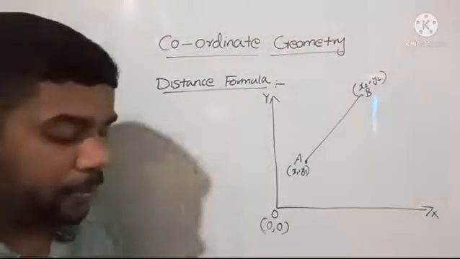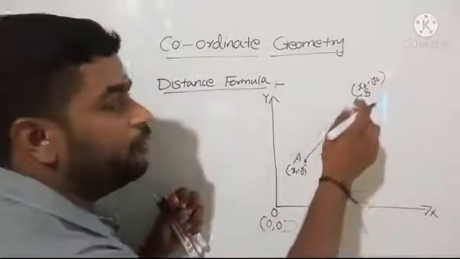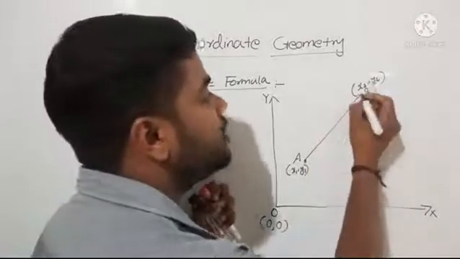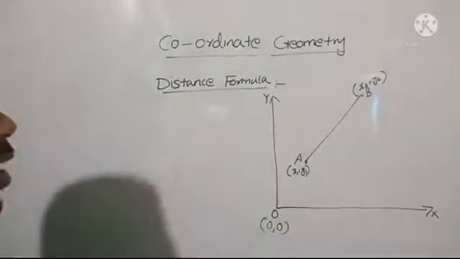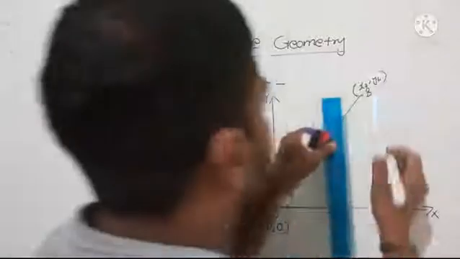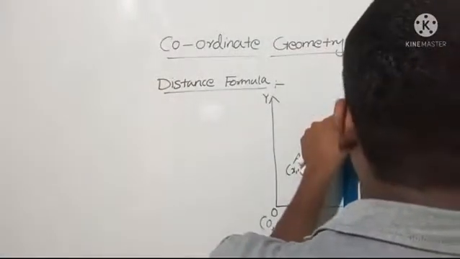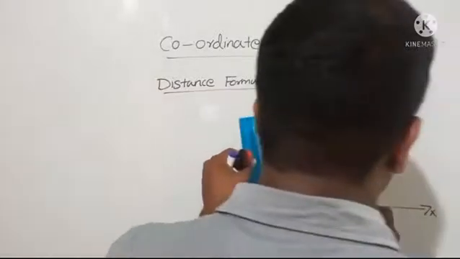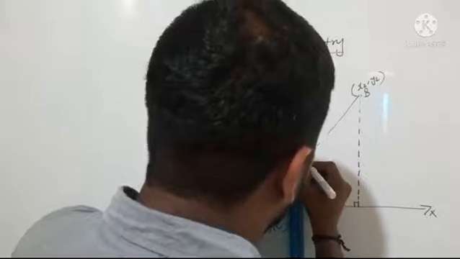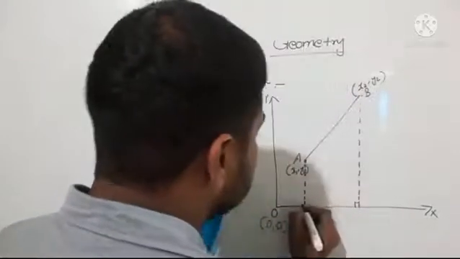We want to draw a perpendicular from B to the x-axis, and from the point A also I am drawing a perpendicular line to the x-axis.